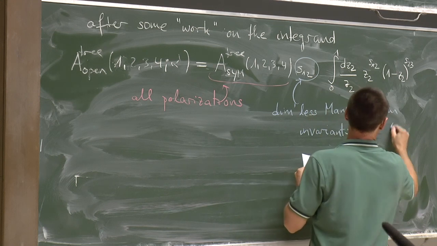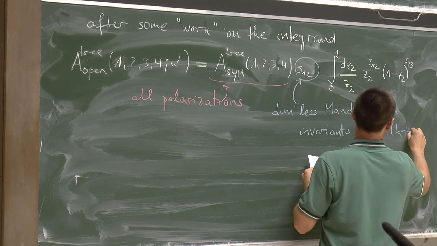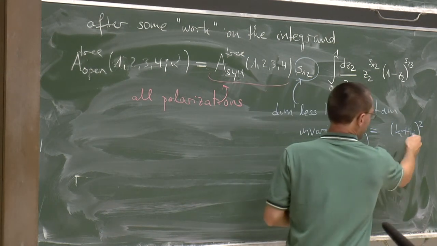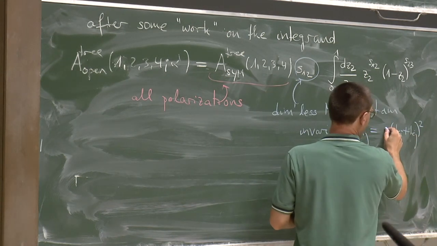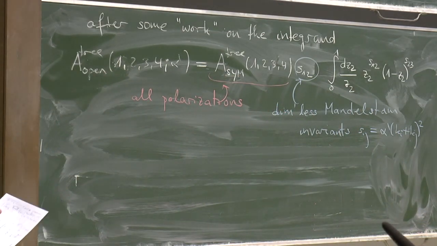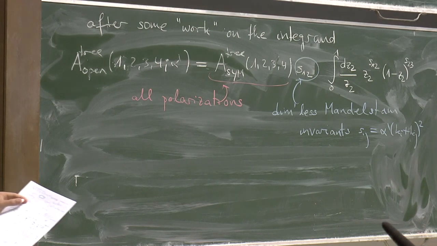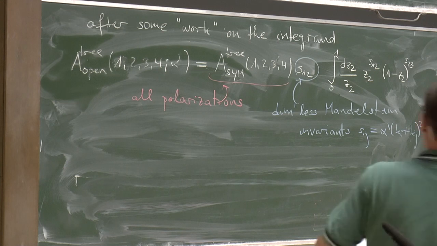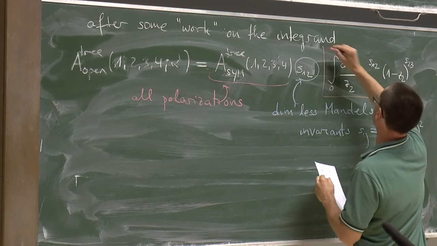So the obvious part is that Sij will be proportional to this one, but this is of order length to the -2, so that's better put in an alpha prime into the definition to make it dimensionless. Okay, and it's that integral that I want to look at from different angles.